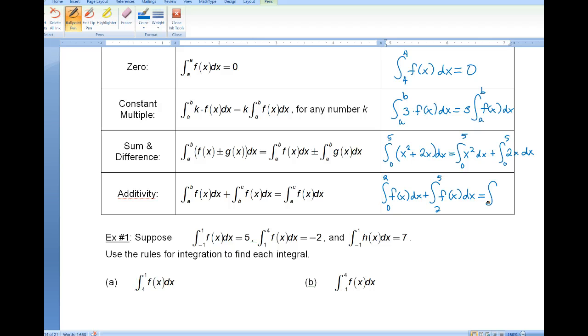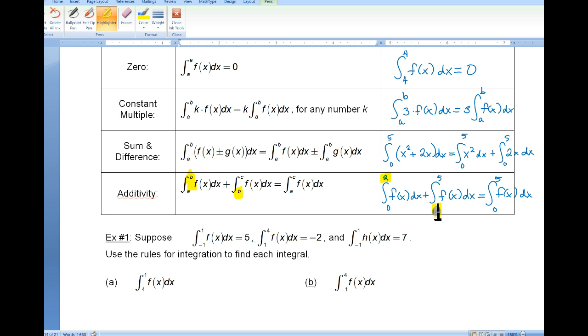That's additivity. What we need to make sure is that the upper bound for the first one and the lower bound for the second match, and then it's like you put the 0 and the 5 together. Wherever it went from 0 to 2, it picks up back at 2 to 5, and then you have the whole thing from 0 to 5.